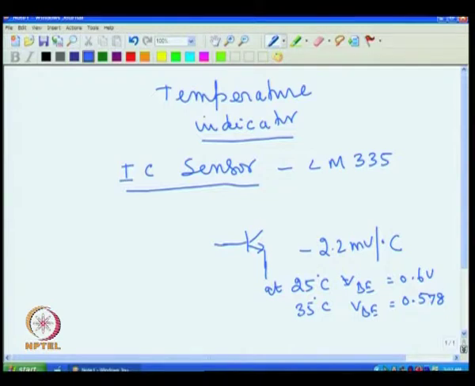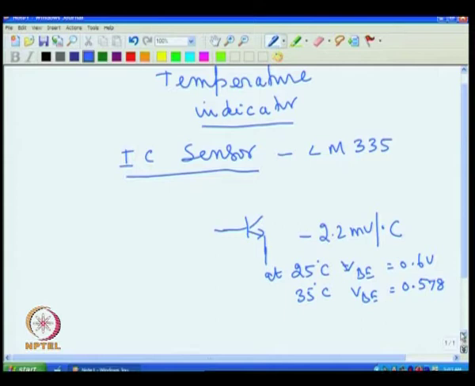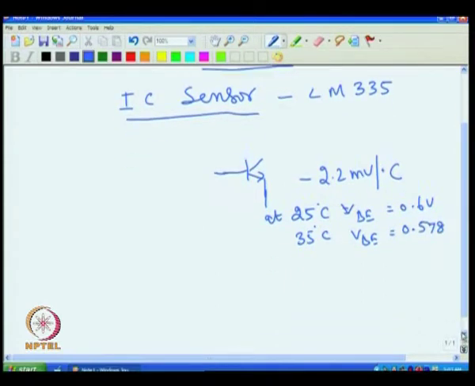So it comes to 0.578 volt. That is a 22 millivolt decrease for a 10 degree temperature rise. So, using this transistor base emitter voltage change as a basic element, they developed this IC sensor LM335, and LM335 is today available for us to use in this form.